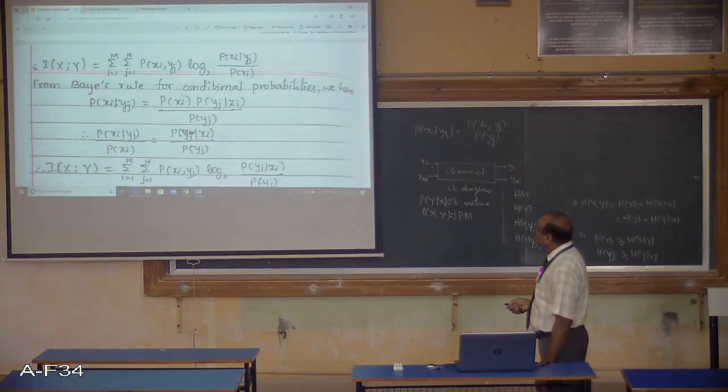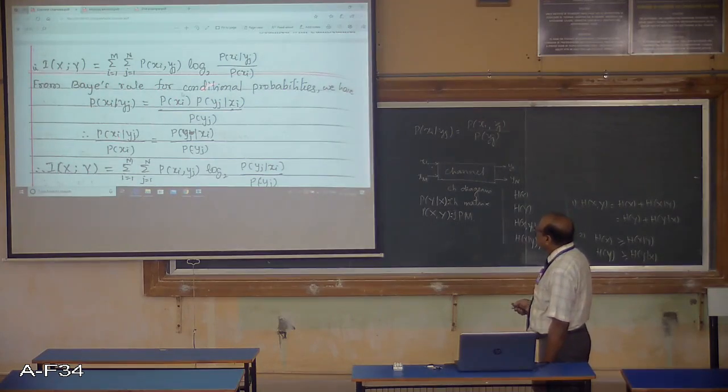Applying Bayes rule, p(xi|yj) is p(xi) times p(yj|xi) divided by p(yj). Using Bayes rule, the conditioning and conditioned events can be swapped.